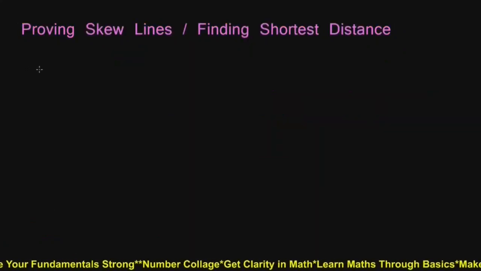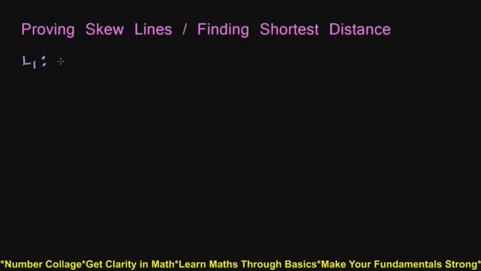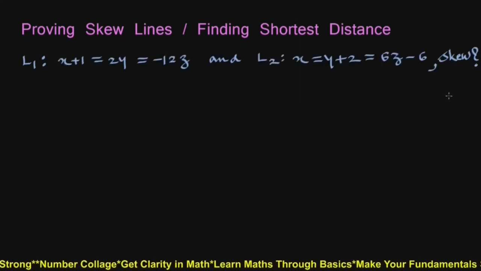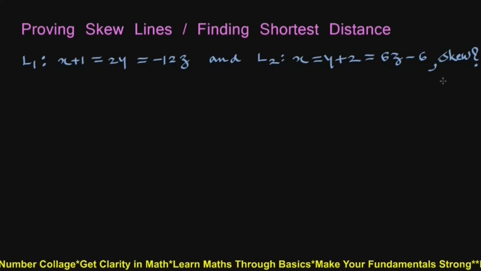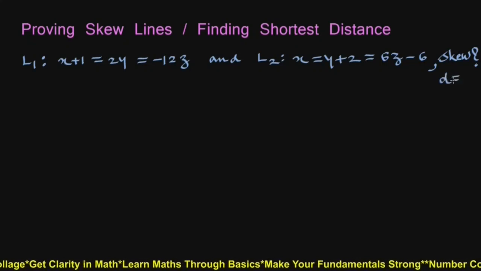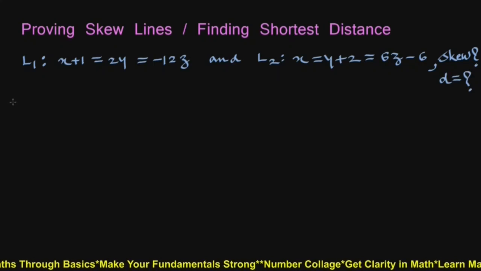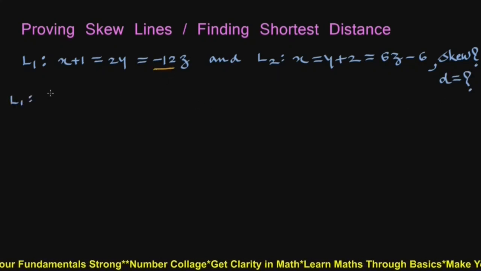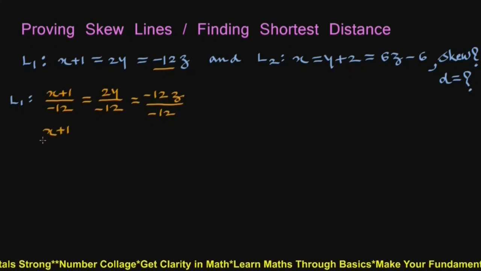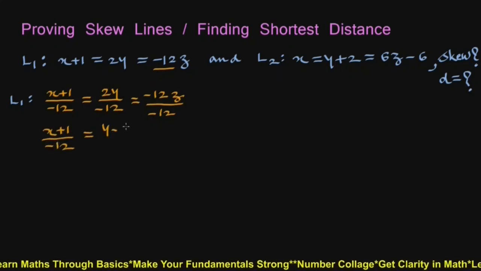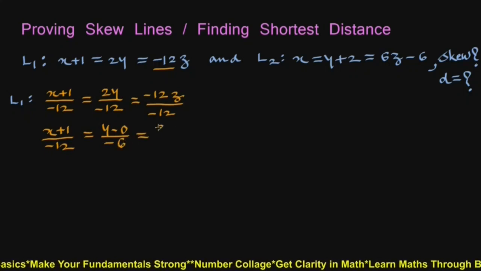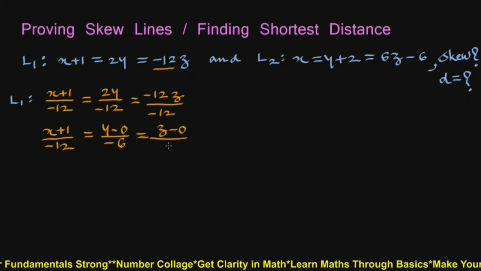We have to show whether lines L1 and L2 are skew lines, and if yes, find the shortest distance d between them. We rewrite L1 by dividing throughout by −12. That will be (x + 1)/(−12) = (y − 0)/(−6) = (z − 0)/1.